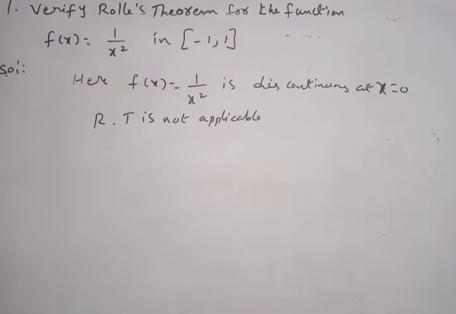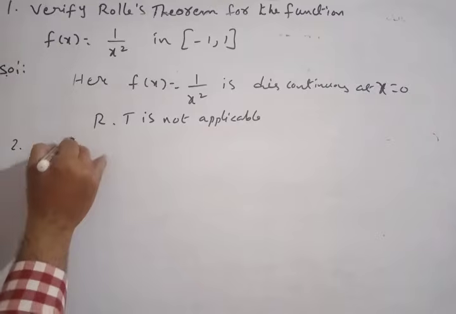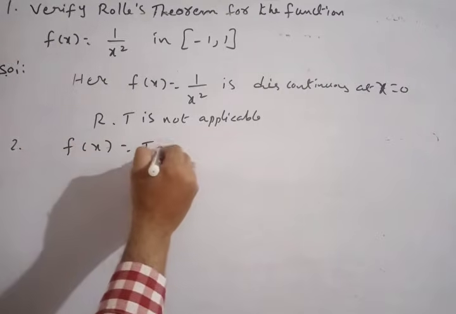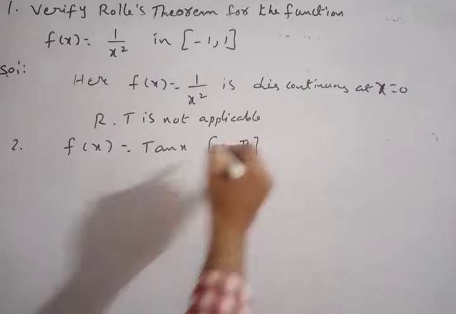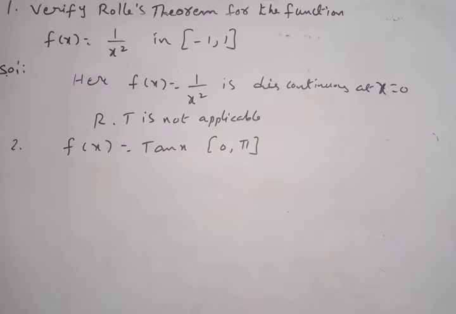Similarly, we have one more problem. F of x is equal to tan x in closed interval 0 comma pi. In 0 comma pi we have 90 degrees. So tan 90 is infinity.